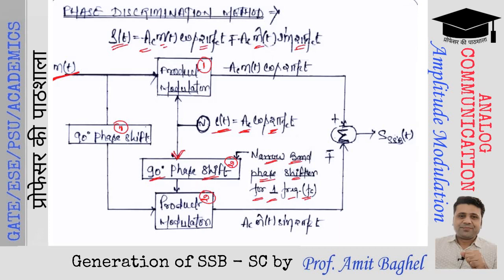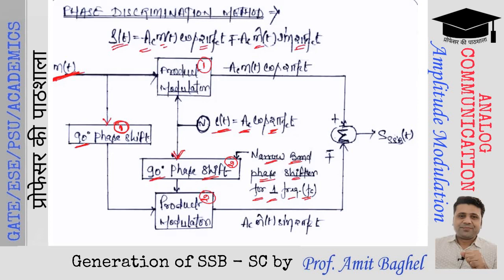Whereas the phase shifter 1, the 90-degree phase shifter 1, the input to this phase shifter is m(t), which is a message signal and which cannot necessarily be a single tone message signal. That means if the message signal is a multi-tone message signal, this 90-degree phase shifter should be a wide band phase shifter. Right?